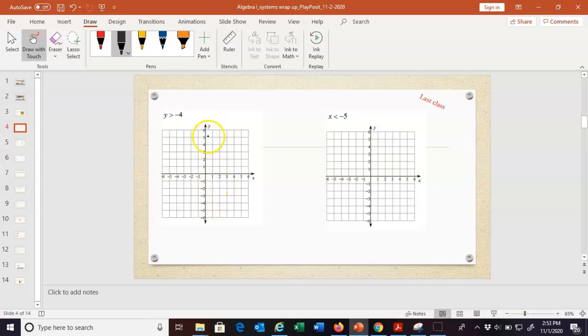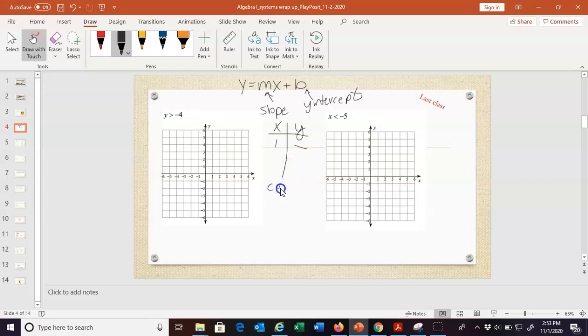You know there's a few ways to graph lines, right? We've talked about using the slope-intercept form, y = mx + b. Remember, m is the slope and b is the y-intercept where it crosses the y-axis. You could also use a table of values, where you pick any value that you want, you plug it in for x, and you get out some y.